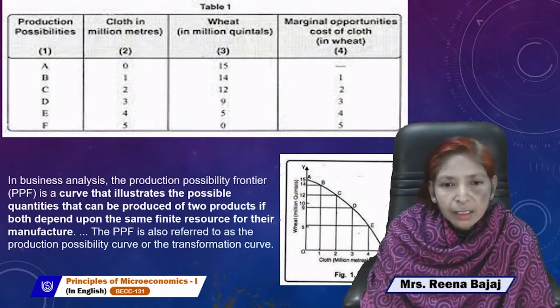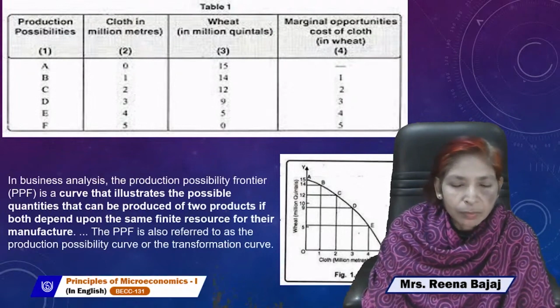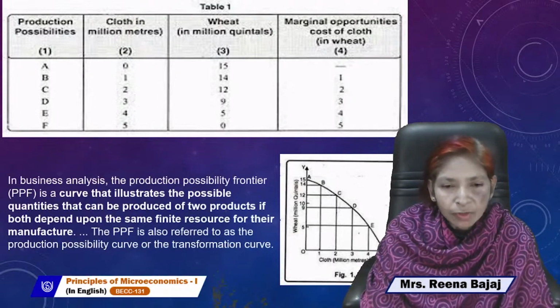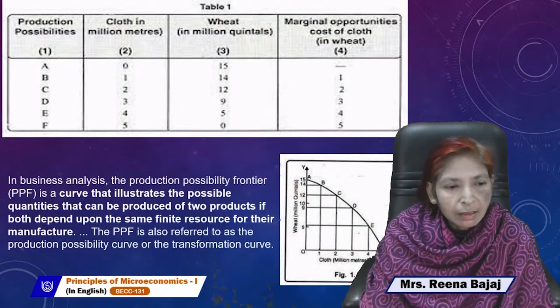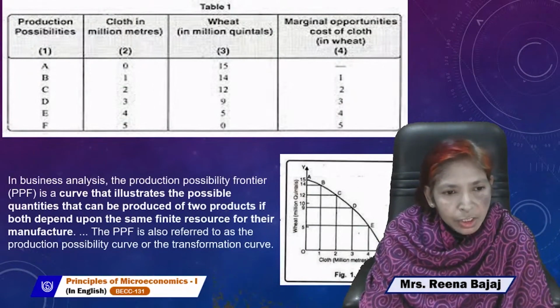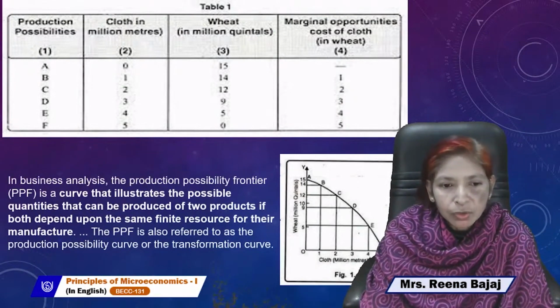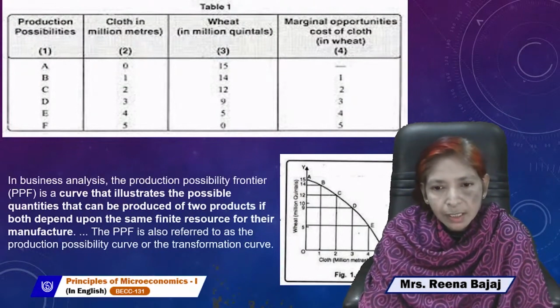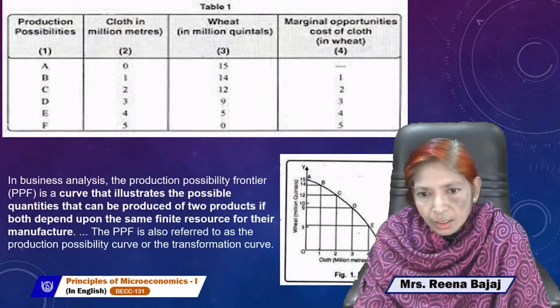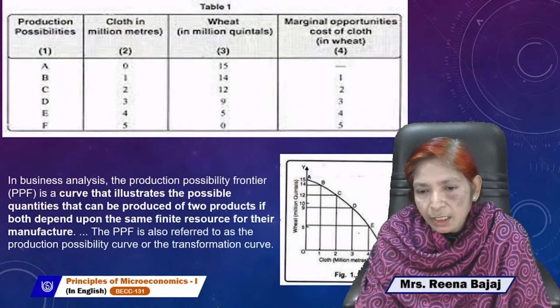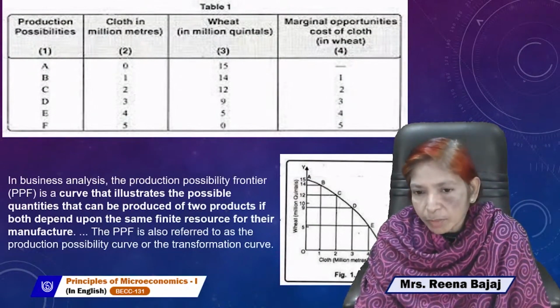Production possibility curve is also known as production possibility frontier, transformation curve, or production possibility boundary. It explains the possible combinations of two goods that can be produced with the given resources and given technology. This curve shape is always concave. A, B, C, D, E, F are different combinations.